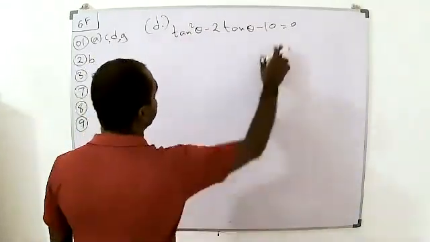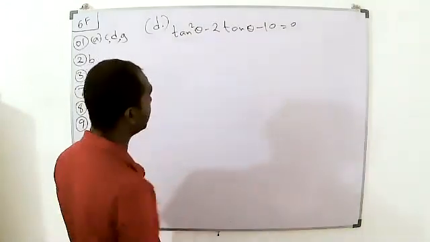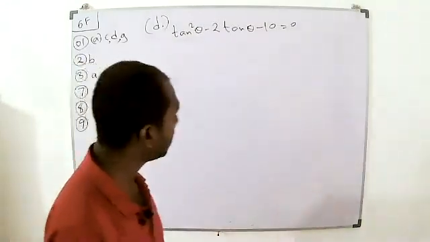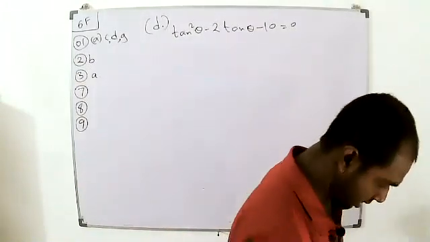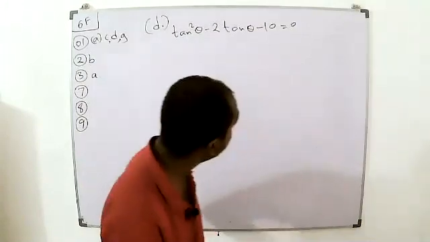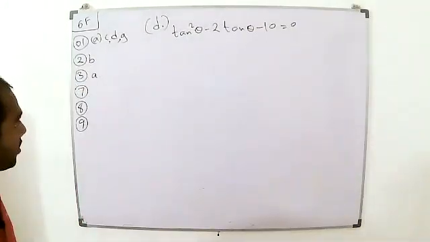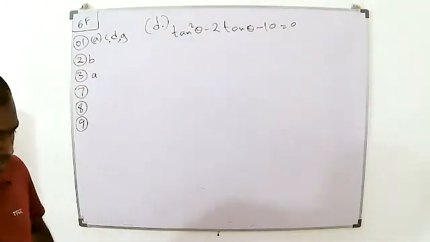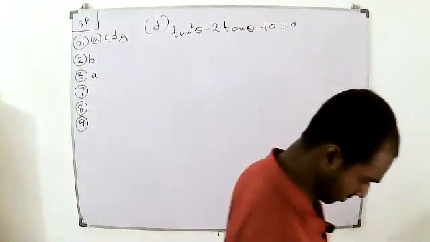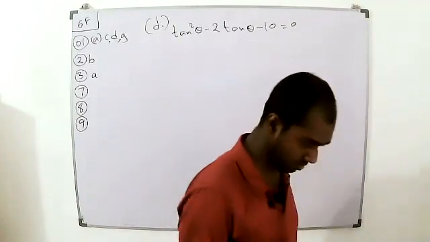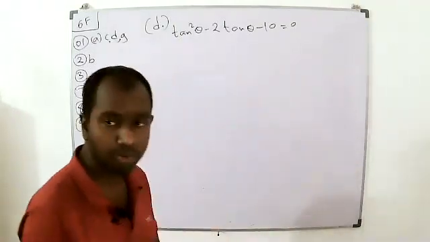Then it's just finding factors. Now minus 10 and minus 2. Do we have factors? I don't think we have easy factors. 5 times 2 will be the only thing, so it's not going to come. So we have to use the equation, no?